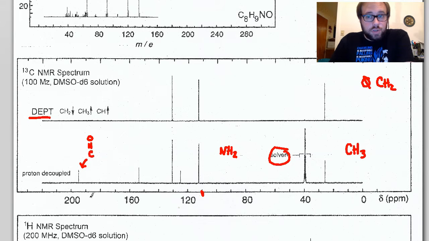An amide is going to show up in the maybe 165, 170 region, whereas getting 195, 200, you're talking about aldehydes and ketones. So this is better evidence that we probably have that acetyl group that was suggested by the mass spec versus the amide that we potentially were debating in the IR.